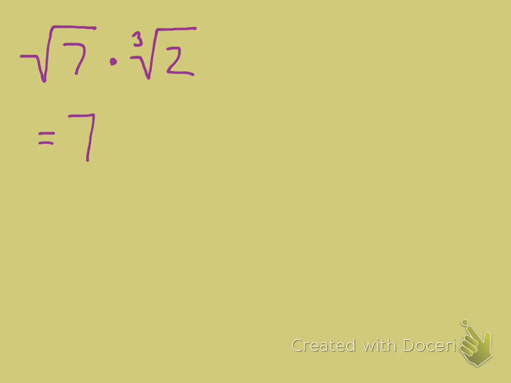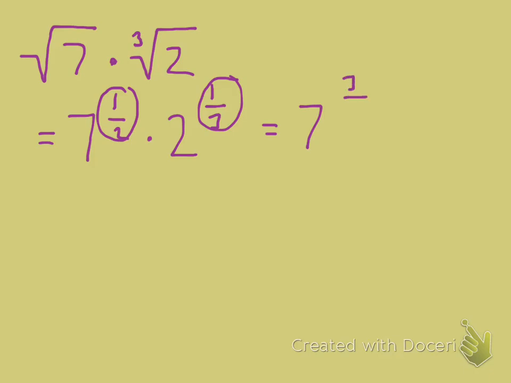Root 7 is 7 to the 1/2 power. And the cube root of 2 is 2 to the 1/3 power. Still doesn't look real promising. But here's what I'm going to try with it now. I'm going to make these exponents here have the same denominator. So this would be 7 to the 3/6 power times 2 to the 2/6 power.